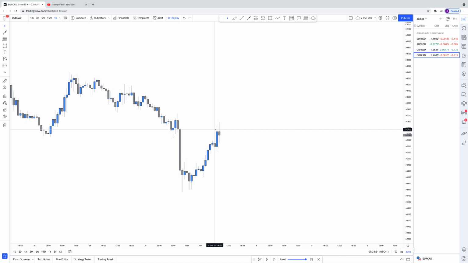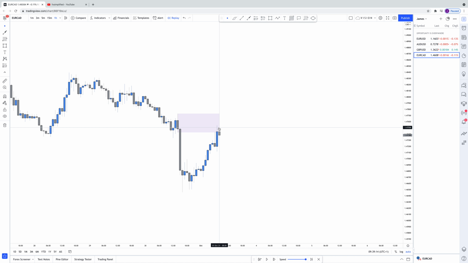We have price that comes back into an area where we would be looking to get short from. Once price comes into this area, we're really looking to see how price is being delivered. Are we getting a clear reaction, and what are the lower time frames saying? Are we getting confluence?